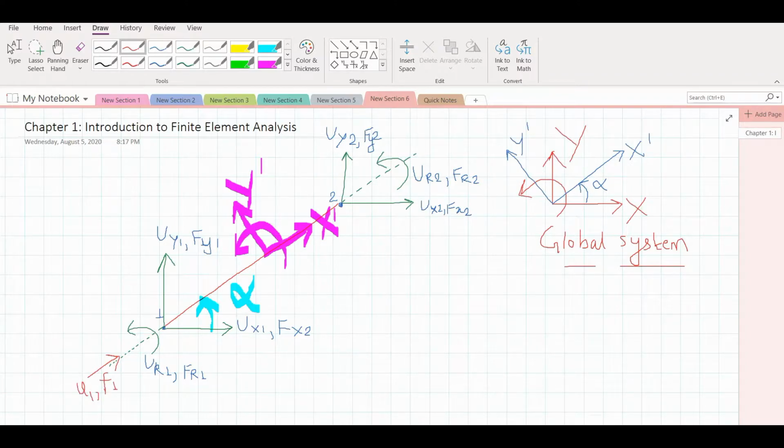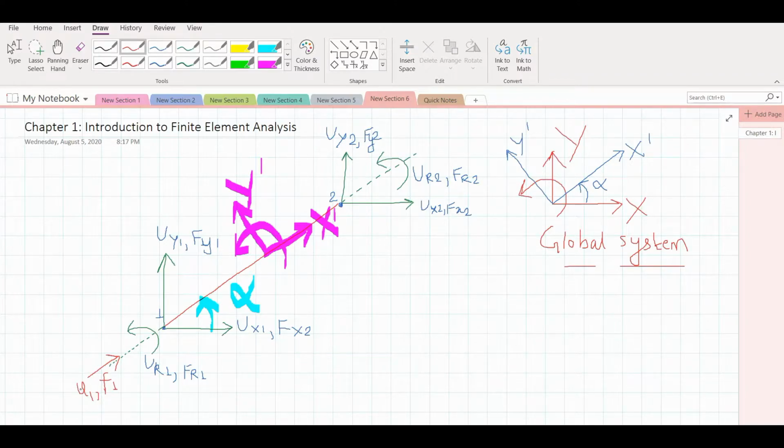This can also be termed as local axis because this can be assigned to different independent elements, whereas we will have one global system where all the components of the local system are summed up. We'll see that later on in the example that we're going to do today. For this case, this is our local axis for this particular element.